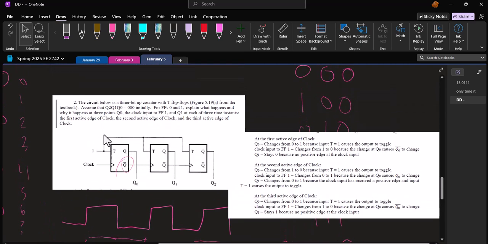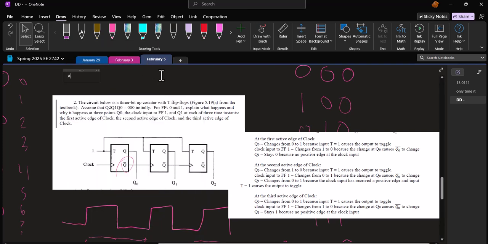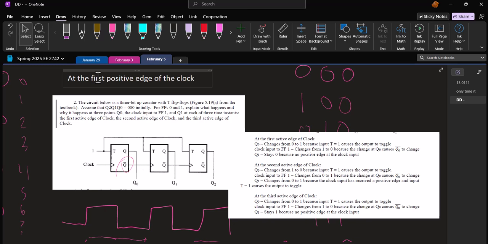So I would say at the first positive edge of the clock, flip-flop 0 has a positive edge, so it toggles from 0 to 1 in our example.